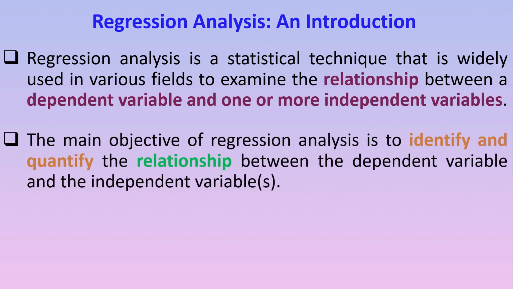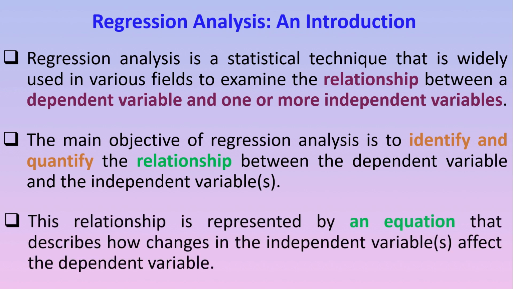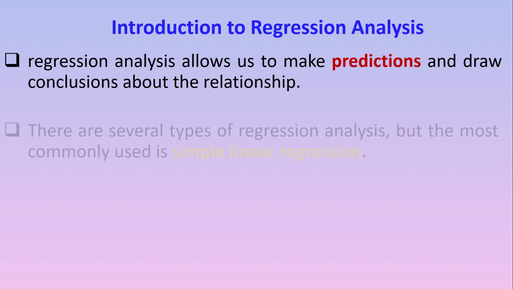The main objective of regression analysis is to identify and quantify the relationship between the dependent variable and the independent variables. This relationship is represented by an equation that describes how changes in the independent variables affect the dependent variable. Regression analysis allows us to make predictions and draw conclusions about the relationship.